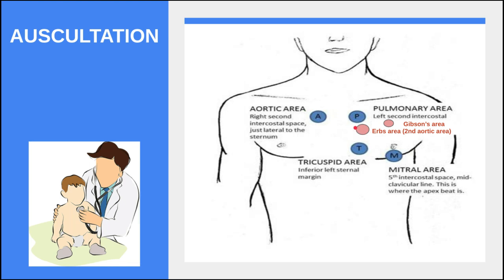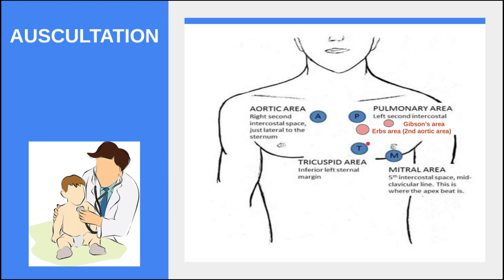The early diastolic murmur of aortic regurgitation and the murmur of VSD are best heard here in Erb's area. Gibson's area is the left second intercostal space away from the sternum, and the murmur of PDA is best heard in Gibson's area.